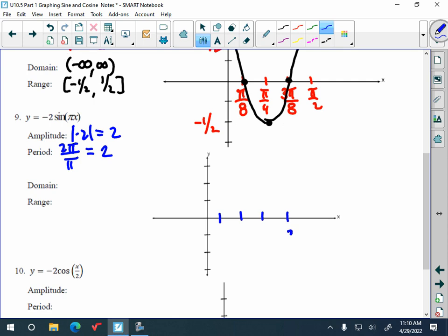Our period is 2. We'll cut that in half. That's 1. We'll cut that in half. That's a half. Multiply a half times 3. That's 3 halves. All right, our amplitude is 2, so our highest point that we're going to go to is positive 2. Our lowest is negative 2.